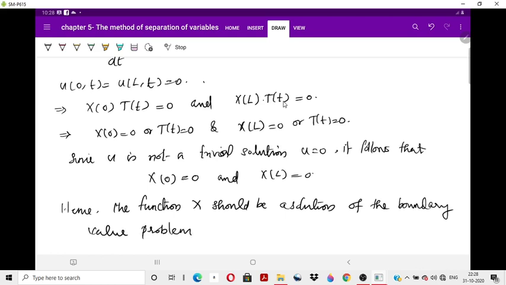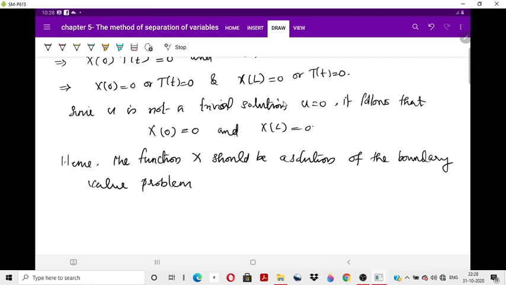So the equation together with these boundary conditions, capital X of 0 equal to 0 and capital X of L equal to 0. So X should be a solution of the boundary value problem of the ODE d square X by dx square plus lambda X equal to 0, where 0 less than x less than L, X of 0 equal to X of L equal to 0. So this is the problem.